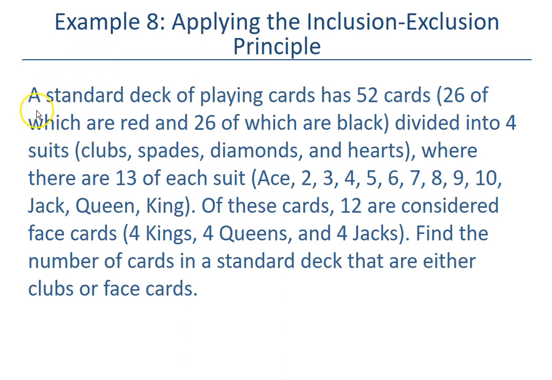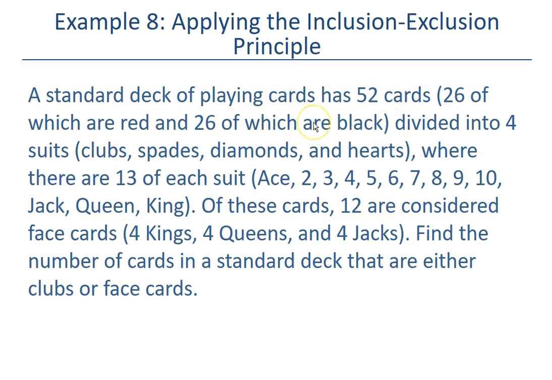Here we're going on to a standard deck of playing cards. And we're going to use this a lot here in our next few lessons. 52 cards. And here you need to know this. 26 are red. That would be the hearts and diamonds. 13 of each. And 26 are black.